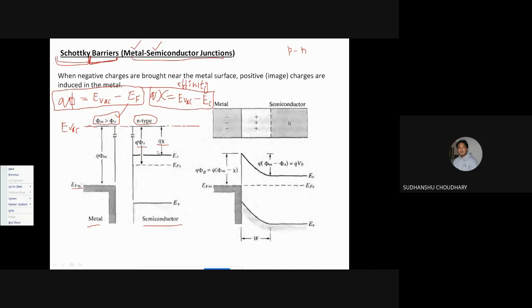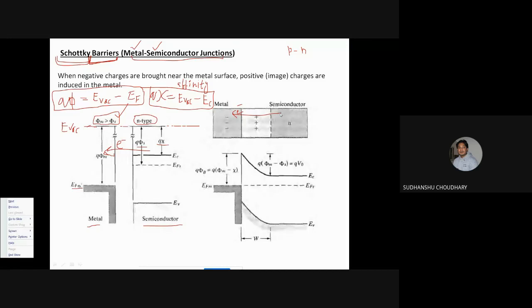Because of this, electrons will start diffusing from the n-type material to the metal side.